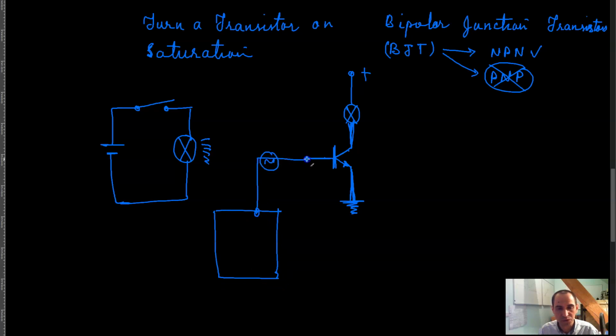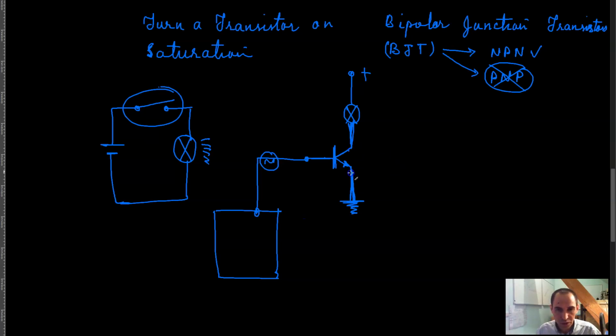This output comes over here, and then the output of this circuit is essentially controlling your load over here, meaning that you can turn your load on and off. And then this mechanical switch becomes this collector emitter junction, right?